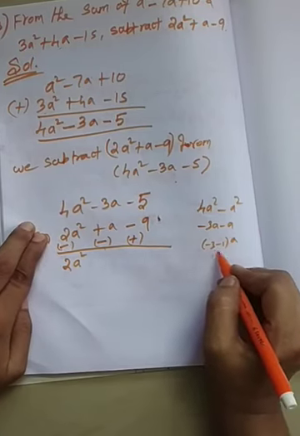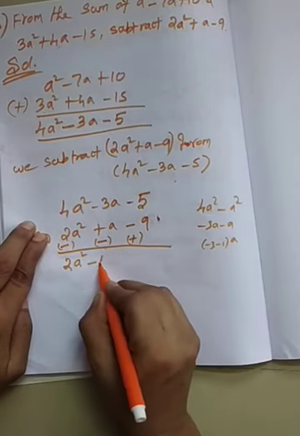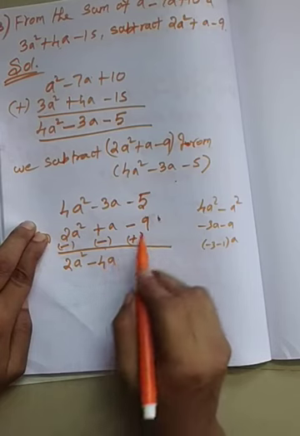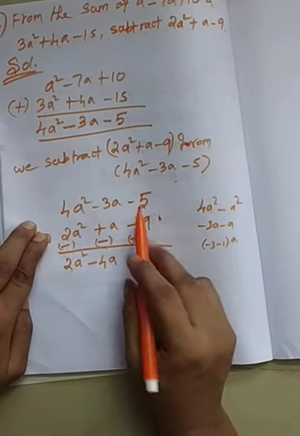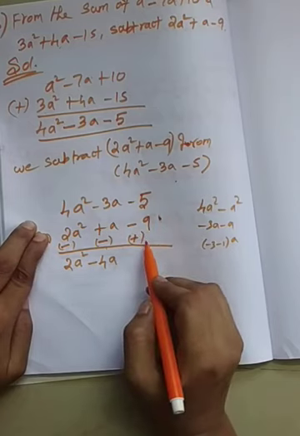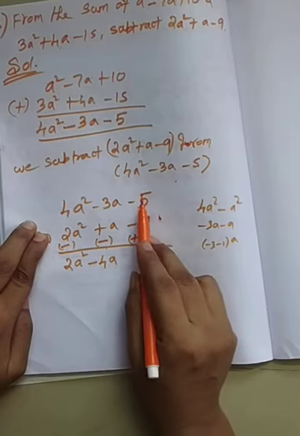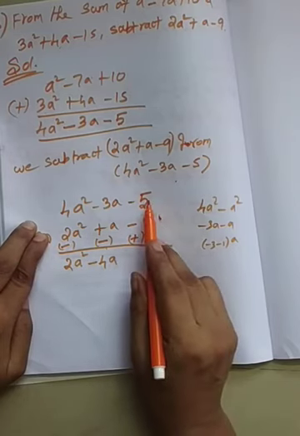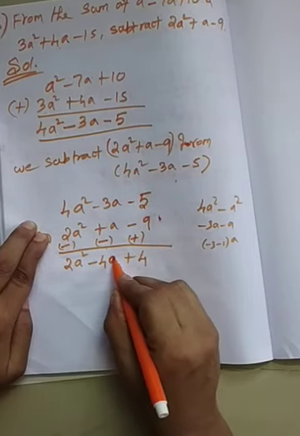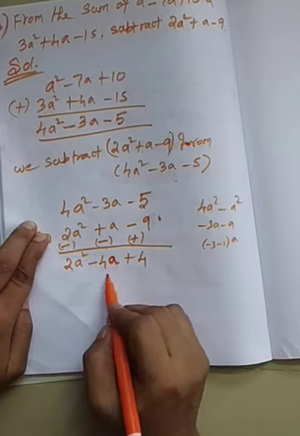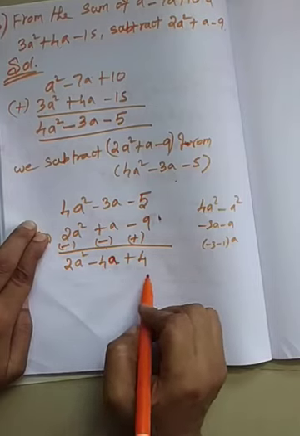What is minus 3 minus 1? Minus 4a. Next, minus 5 plus 9. The sign was different, or otherwise directly you can see 9 minus 5. What is the answer? Plus 4. So your answer is 2a squared minus 4a plus 4.